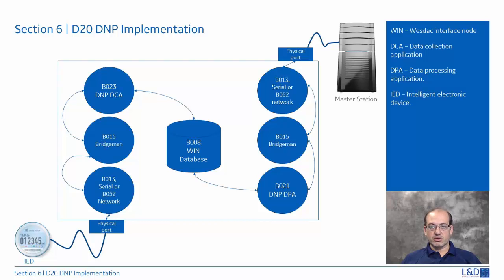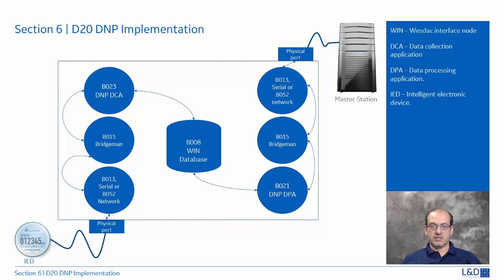As you can see, as we're talking through the layers, the EPA layering is met from application to data link to physical layer. Now the physical layer B013 has a fully prepared message that can be placed on the physical port. That physical port could be either a serial port or a network port.